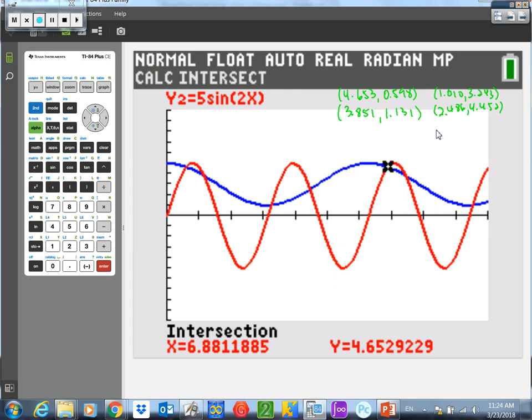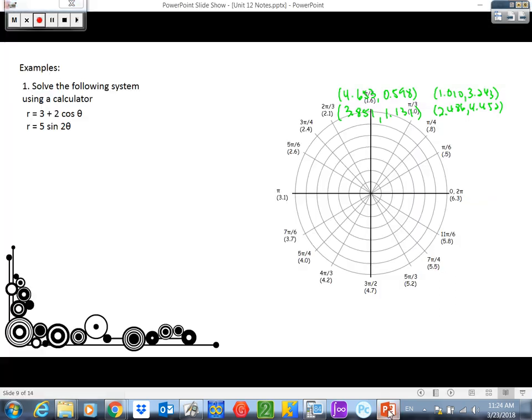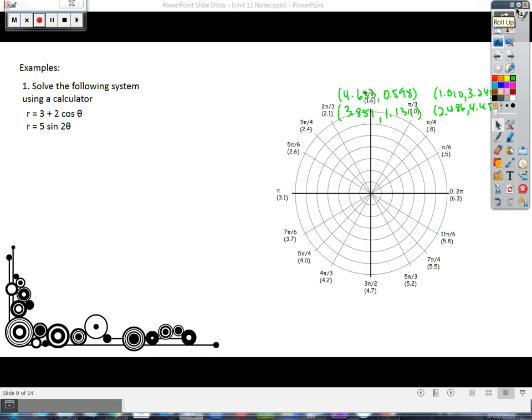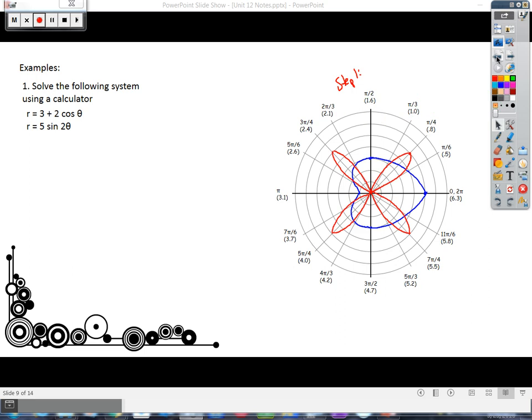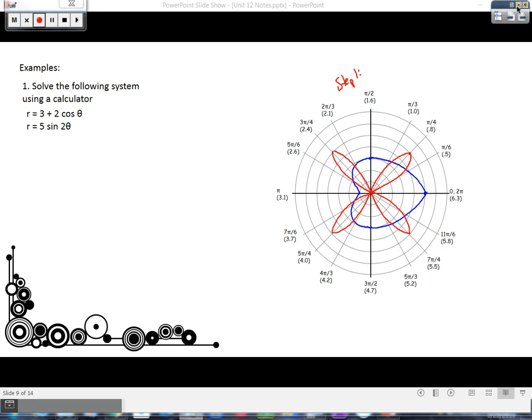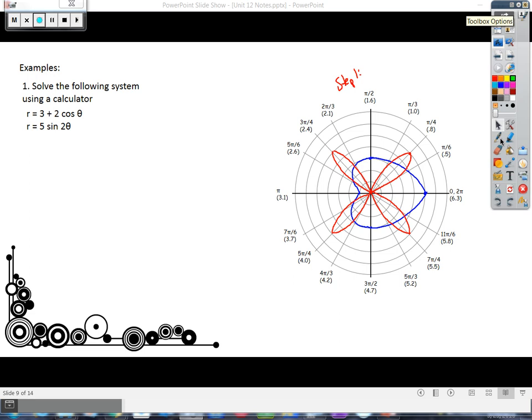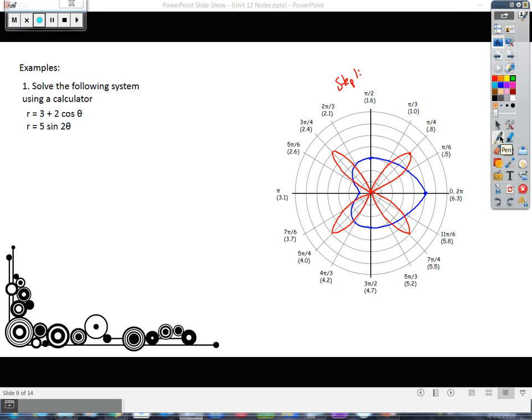All right, let's go back to the graph and go with our step 3. Okay, so there was our step 1. Our step 2 was to write down all those intersections. So let me just recopy those.